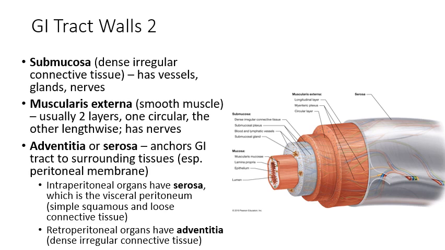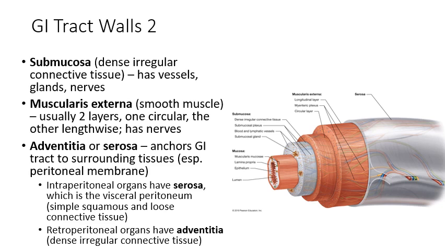The innermost one has the fibers oriented perpendicular to the GI tract, so they run around it in a circle. The outermost layer has longitudinal fibers that run along the length of the tract. And you have nerves coming into the muscularis externa to control those smooth muscle cells.